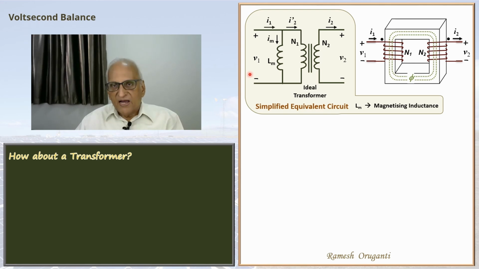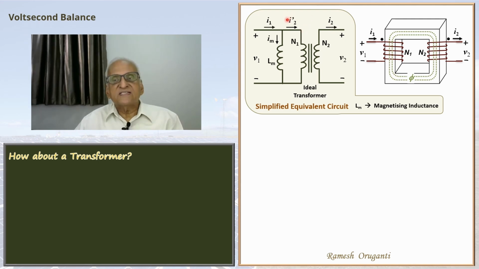Now this ideal transformer with N1 N2 ratio, output voltage V2, output current I2. I2 prime or I2 dash is the reflected secondary current on the primary. That is I2 times N2 by N1 will be I2 dash.